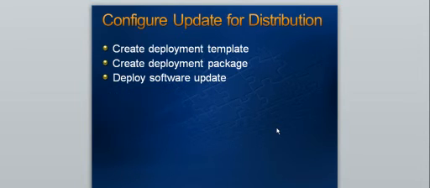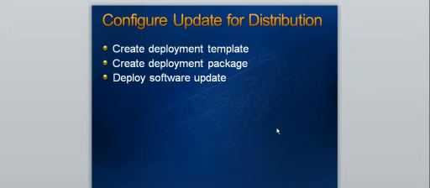Once you have finished configuring the software update points, the next thing that you need to do is run the initial synchronization. You can configure manual or automatic synchronization, but initially after you have finished configuring the SUP, I recommend you run the manual synchronization.